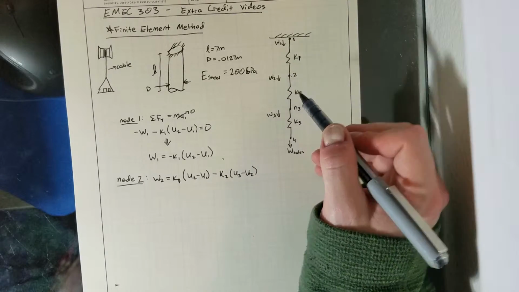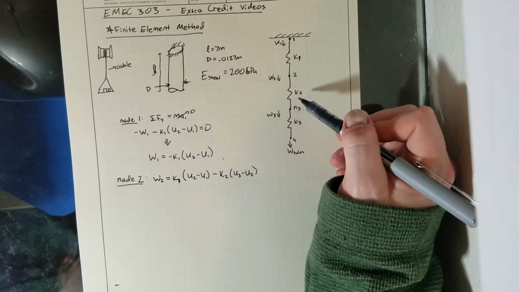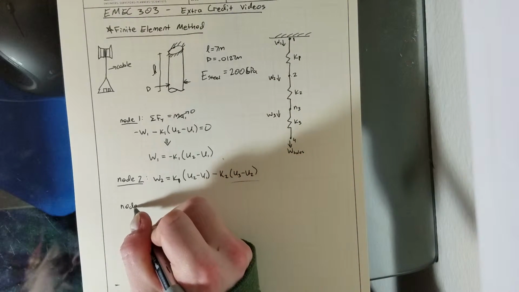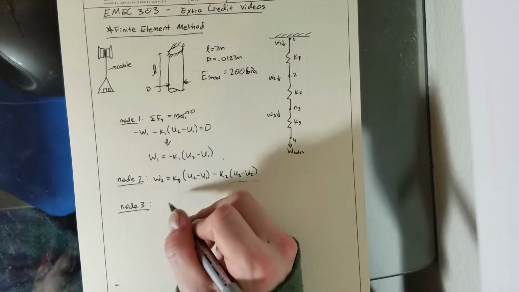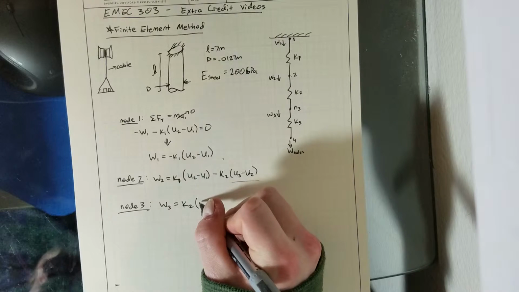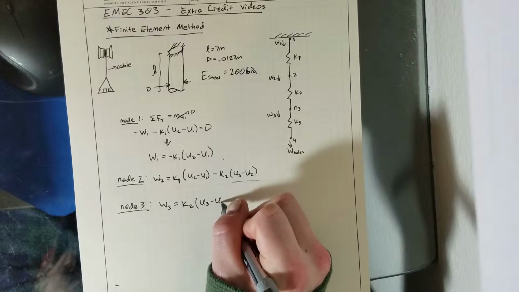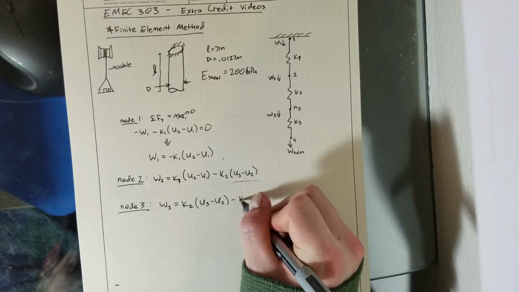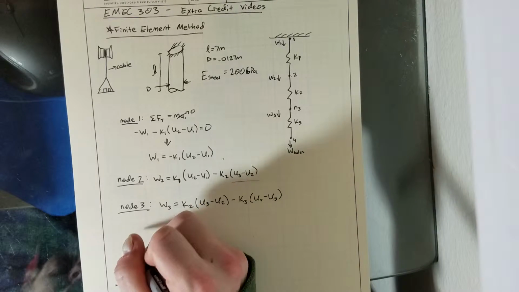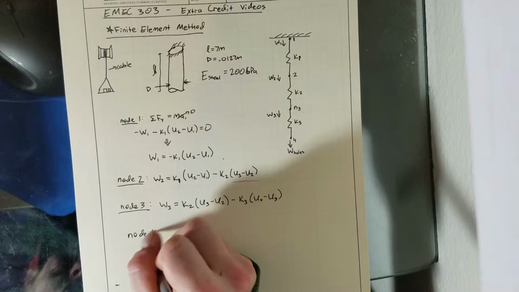And the force from the spring beneath it, spring 2, is acting in the negative direction. So then we go on to node 3 to create this equation. And then finally the last node, node 4.